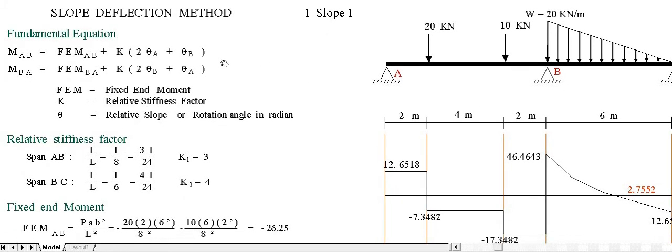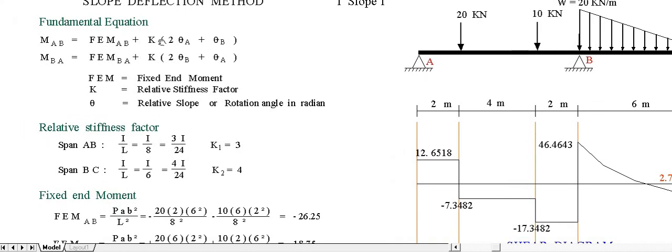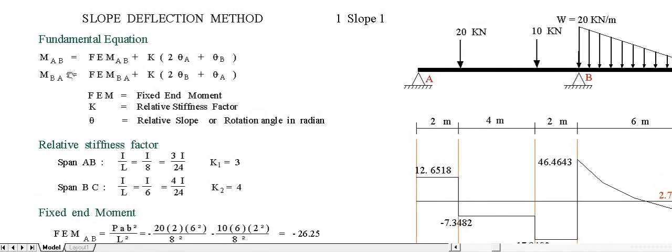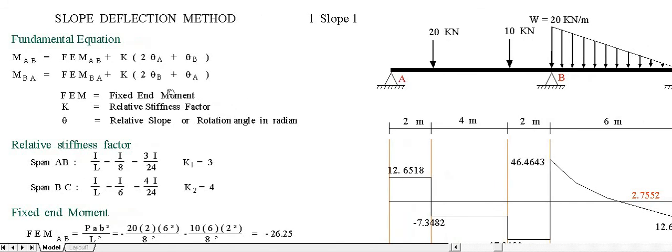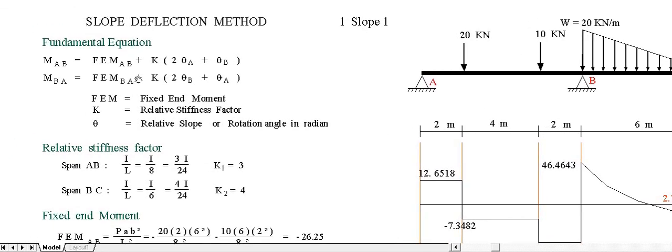Now, here is the formula of the slope deflection. Moment AB is equal to the fixed end moment AB plus the stiffness factor K times the quantity 2 times theta A plus theta B. Notice that the sequence of the subscript letters A and B is determined from the subscript of the fixed end moment.